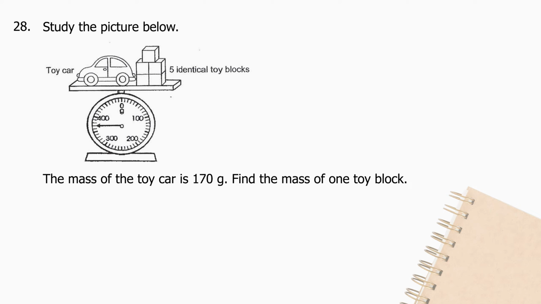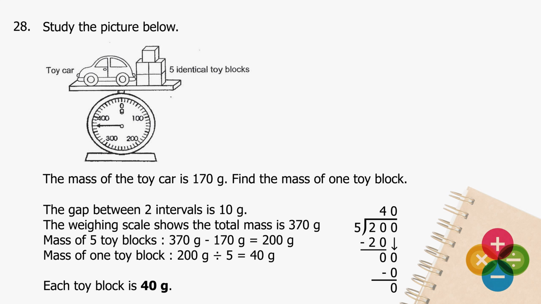Question 28. Study the picture below. The mass of the toy car is 170 grams. Find the mass of one toy block. The gap between two intervals is 10 grams.